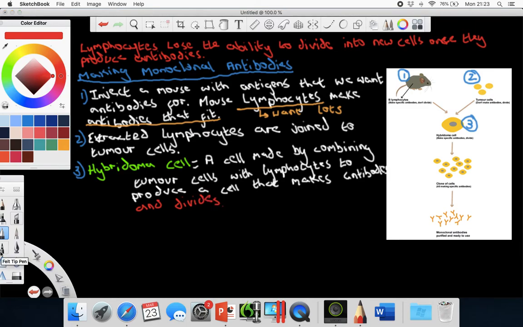So the important thing is that not only does this hybridoma cell now make the antibodies we want, but it can also divide. So we can then put for number 4, which is here, that the hybridoma cell divides.